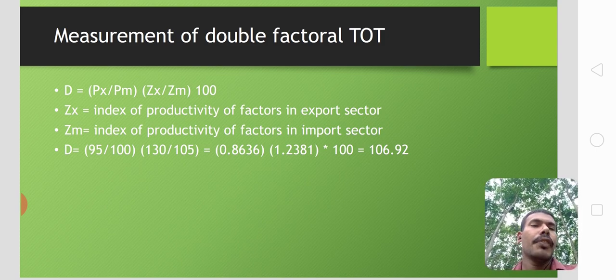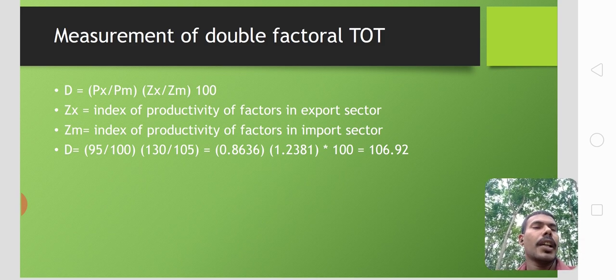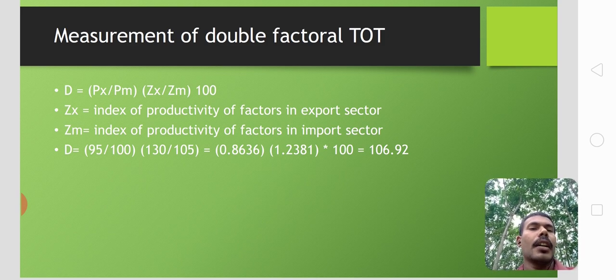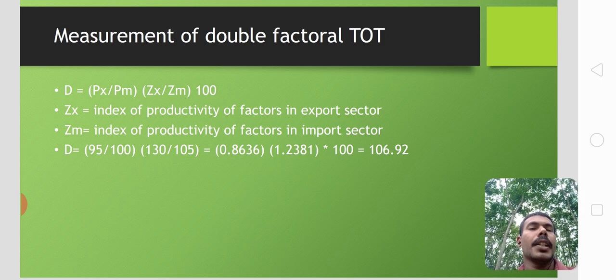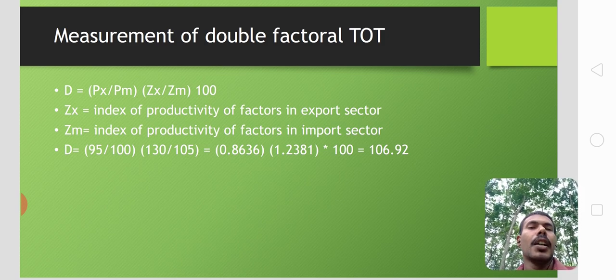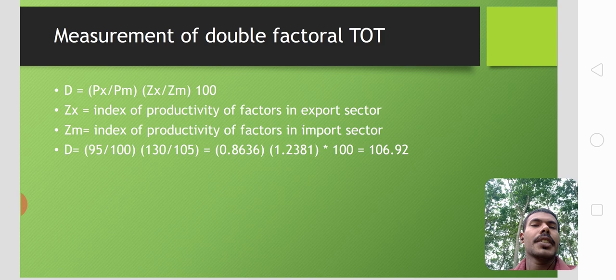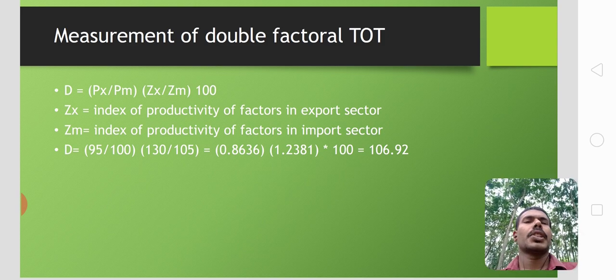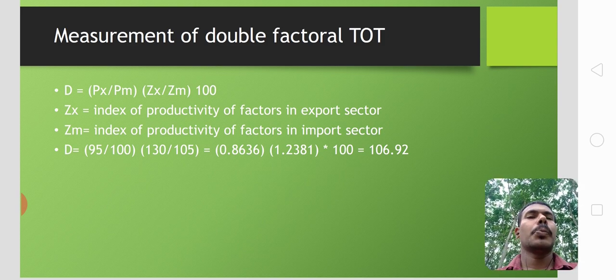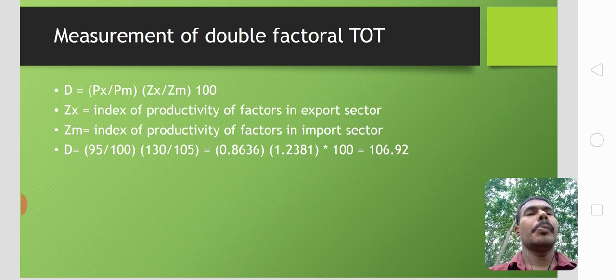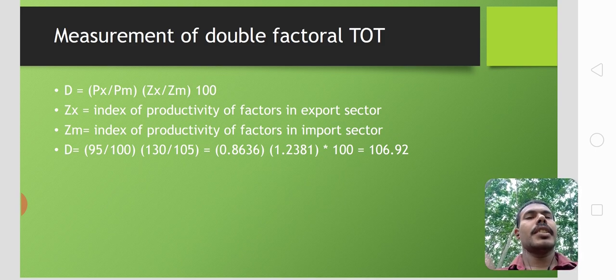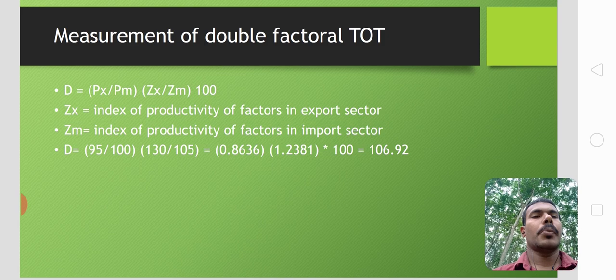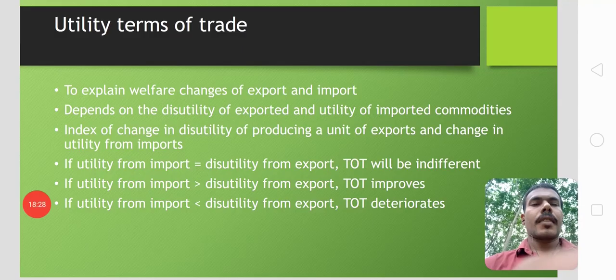So the final figure is 106.92, that is more than 100%. This figure is in percentage. So the nation's productivity of factors employed in the export sector is more than enough to appropriate the import. So its productivity is greater than the productivity of factors employed in the import sector.